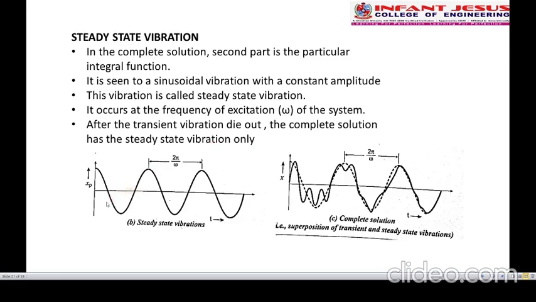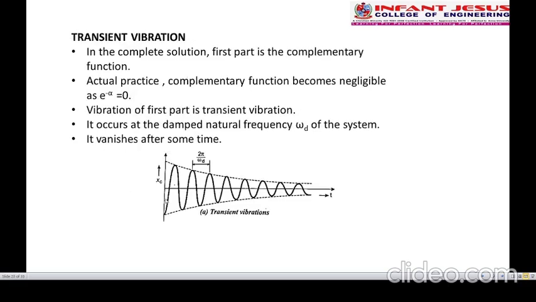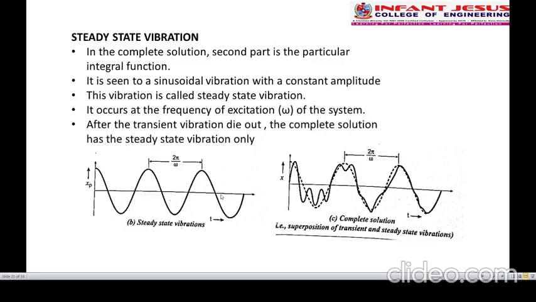First we have the transient vibration. There will be some amplitude, and as time goes by it is reduced and becomes 0 when the time tends to infinity. When this transient vibration dies out, the steady state vibration remains. The complete solution has the steady state vibration only.